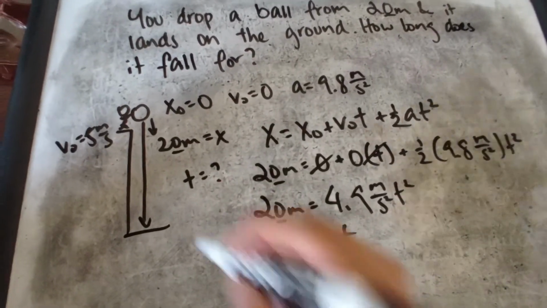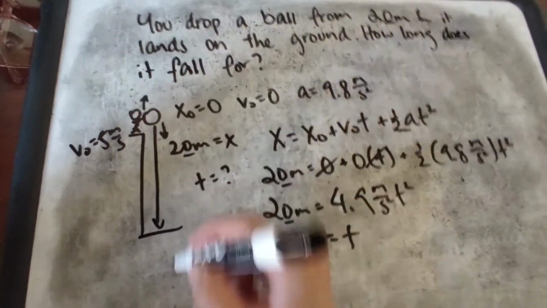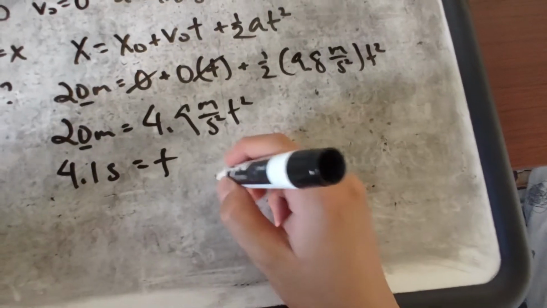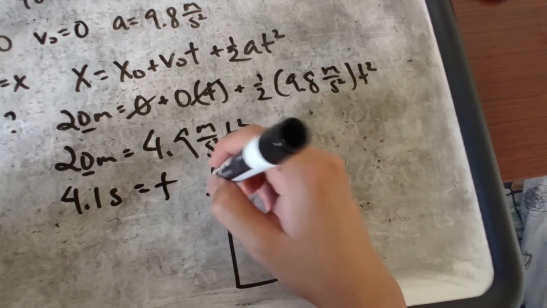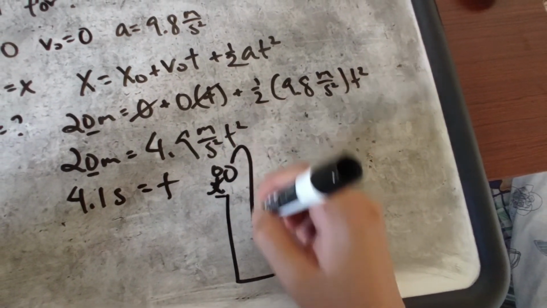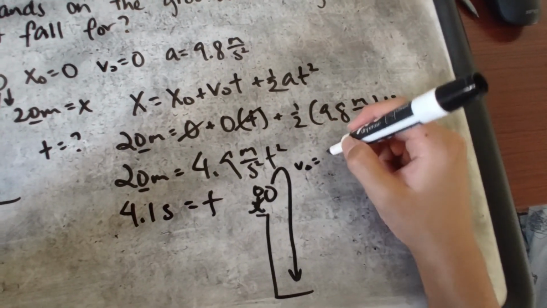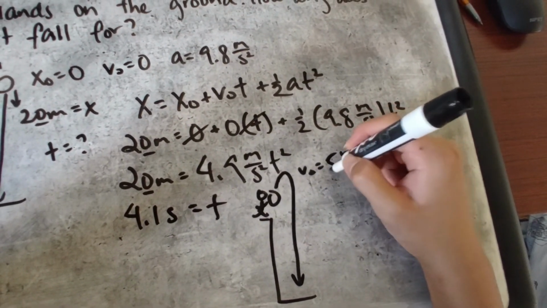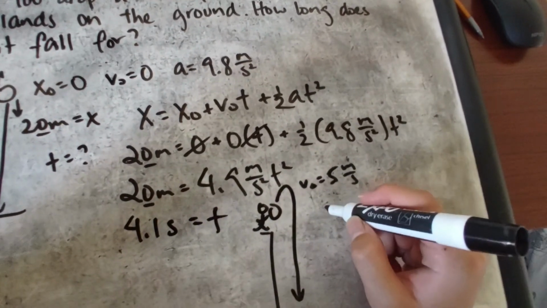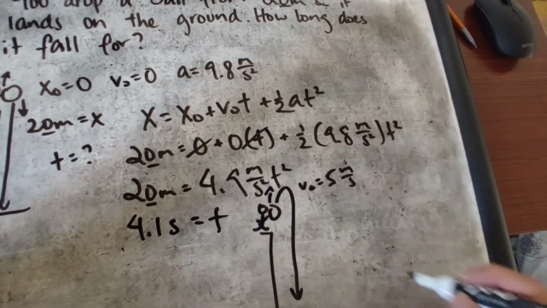There are other options where the guy throws the ball up, so I'm just going to draw a quick one down here, where he throws the ball up and it goes down. So in this case, if he throws it up at, let's say, 5 meters per second again, the initial velocity is going up, and that goes against gravity.